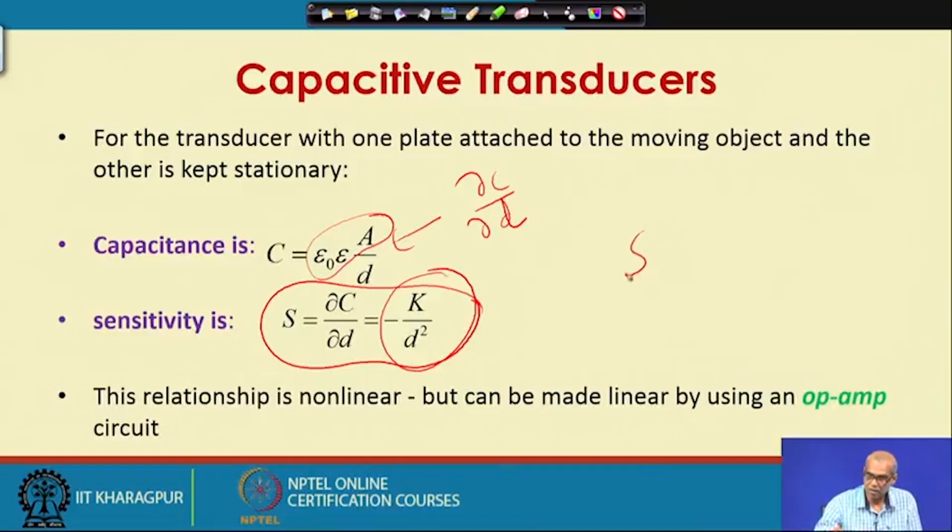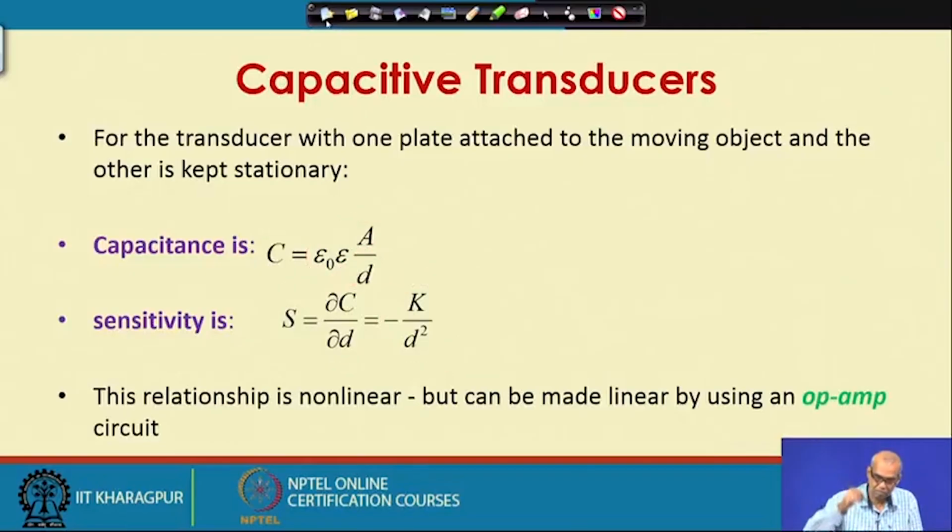S is some constant minus some constant divided by d square. So, it is a nonlinear relationship, but it can be made linear by using an op-amp circuit, operational amplifier circuit.